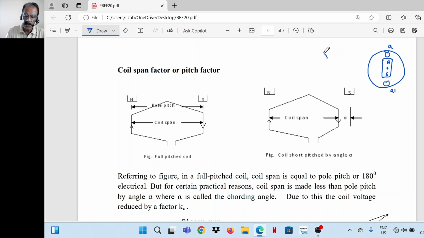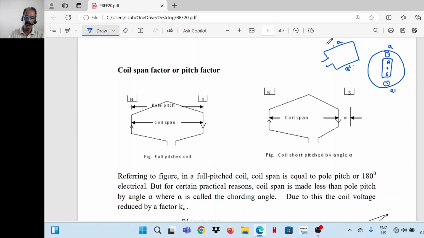Now this is a single coil, with conductor A and A dash, or we can say coil side A and A dash. If the coil sides are 180 degrees apart as shown in this case, then the EMF induced in conductor A and conductor A dash can be added directly.